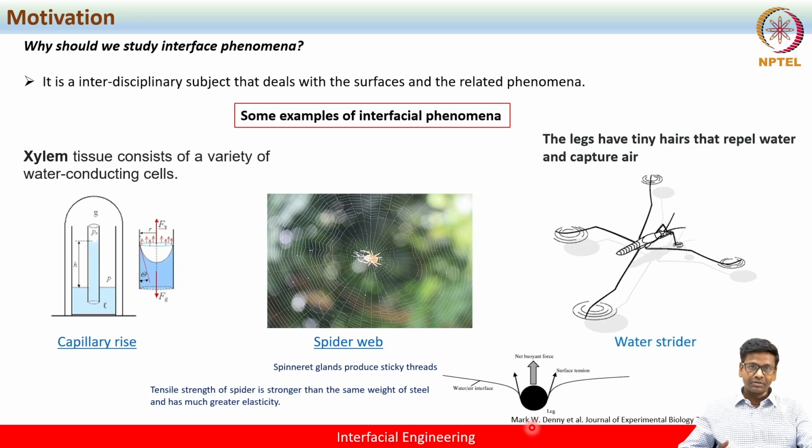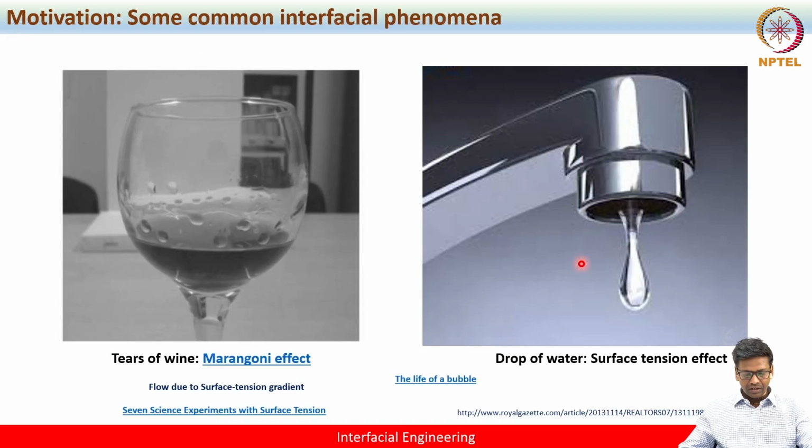Because it captures more air molecules in these pockets, they generate a net buoyant force, because of which the insect can overcome gravity, and another force that acts downward, and due to that, the insect can freely walk on the surface, right? So this is a good example of an interfacial system, and there are several examples.